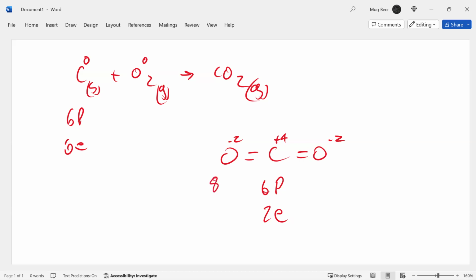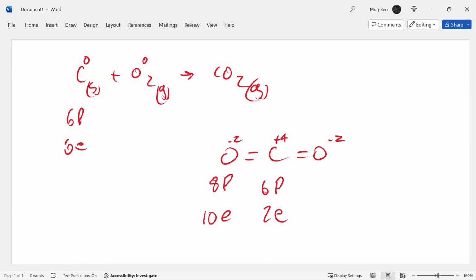Every oxygen has 8 protons. How many electrons does this oxygen right here have? 10. We're not talking about, there isn't any sharing occurring per se with this. Let's just look at the oxidation states.